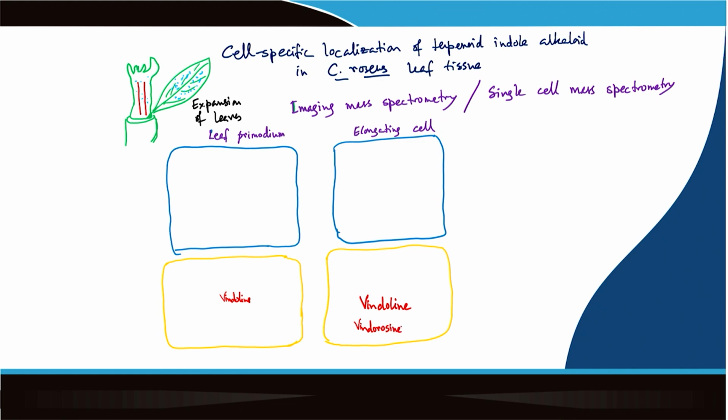Along with that, vindorosine is also produced, which is basically demethoxyvindoline. And what I have shown in the previous class, the top one is okay.